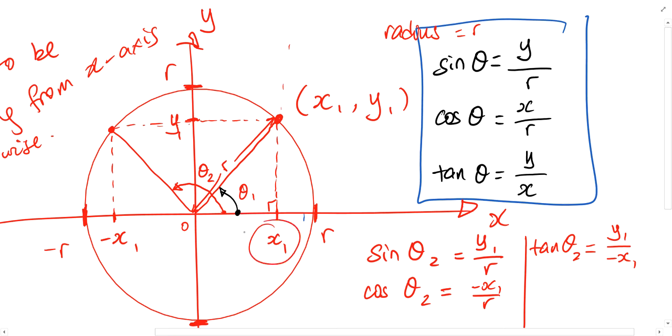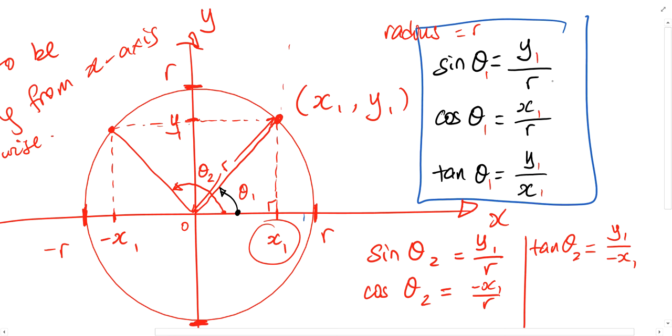Radius. Positive. Okay, so in the first quadrant, x1 earlier on, where there were all these theta 1s, when theta 1 was less than 90 degrees, I had sine theta 1 is y1 over r. Is y1 a positive or negative number?